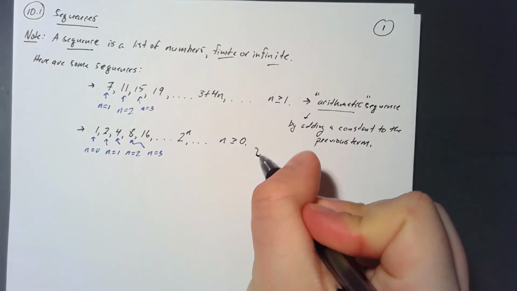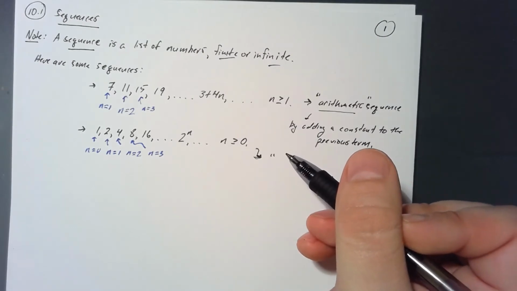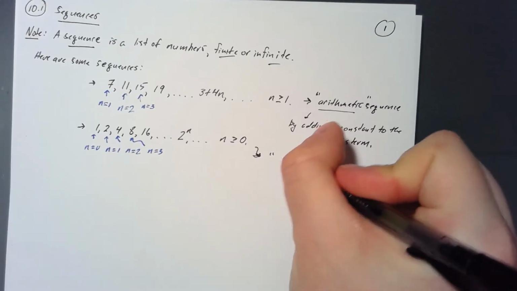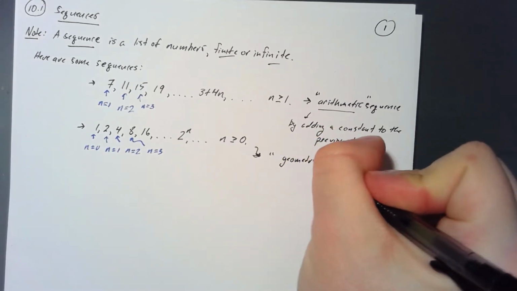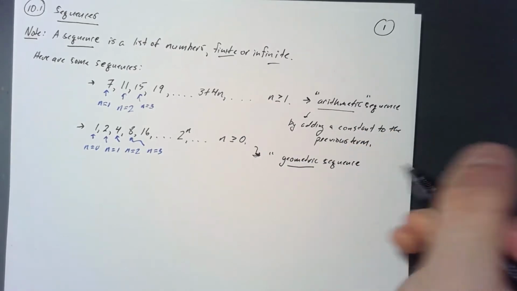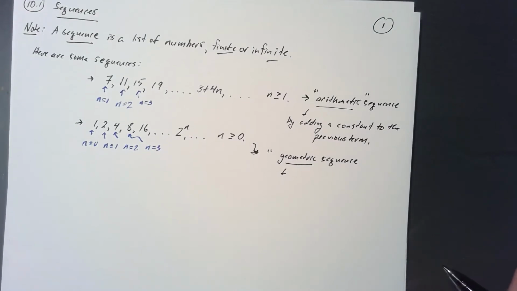This one, and this is the one we're primarily going to look at in this course, is called a geometric sequence. And geometric sequences, and you're going to hear that term a lot in this chapter, geometric.